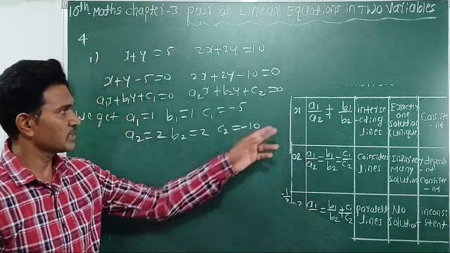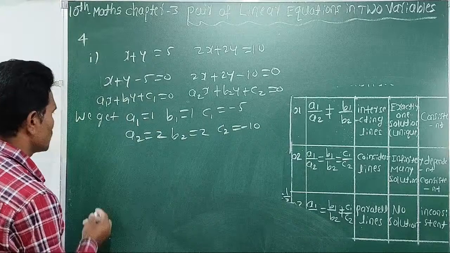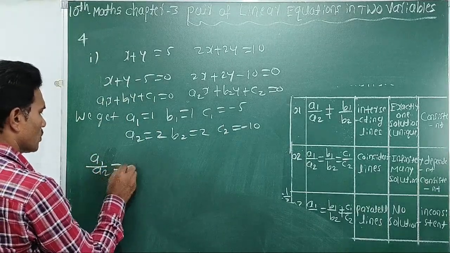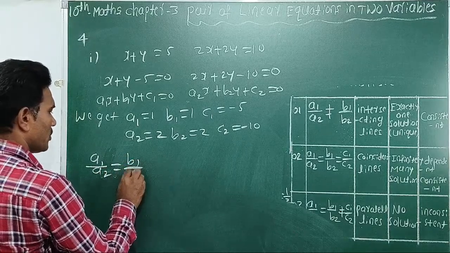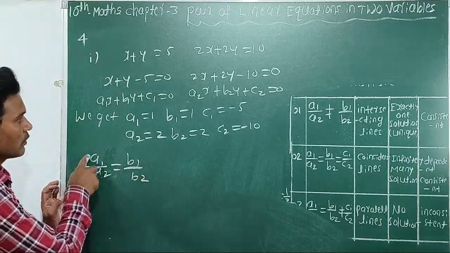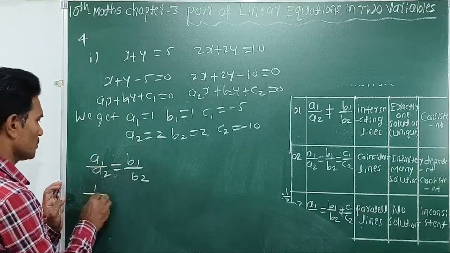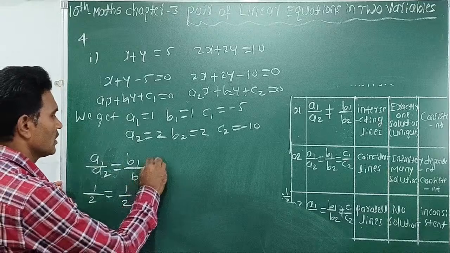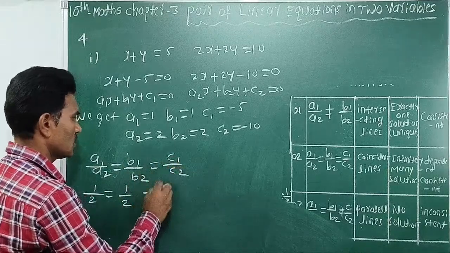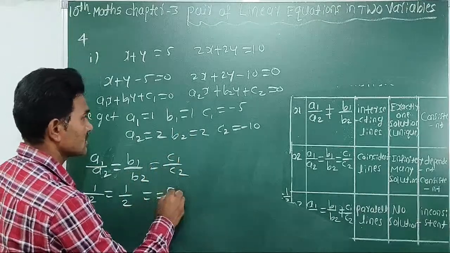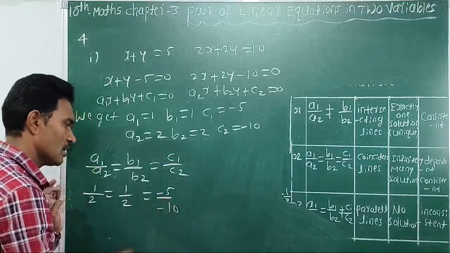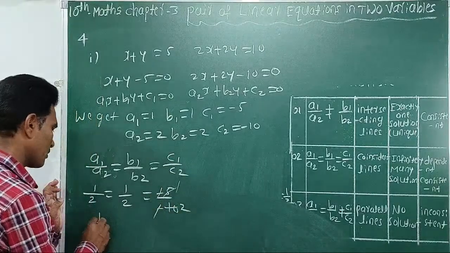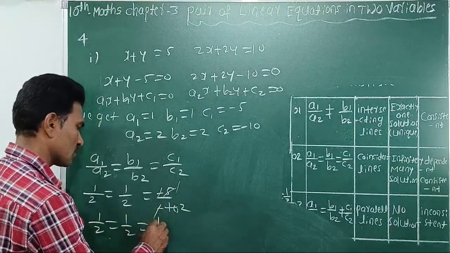Then we have to verify the ratios. a1 upon a2 equal to b1 upon b2 equal to c1 upon c2. a1 value is 1, a2 is 2, b1 is 1, b2 is 2, c1 value is minus pi, c2 is minus 10, minus minus get cancelled, pi upon 10. 1 upon 2 equals 1 upon 2 equals 1 upon 2.